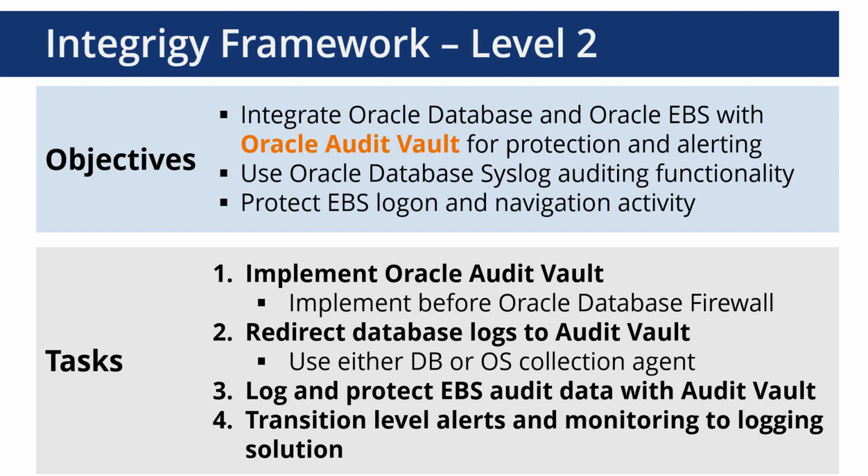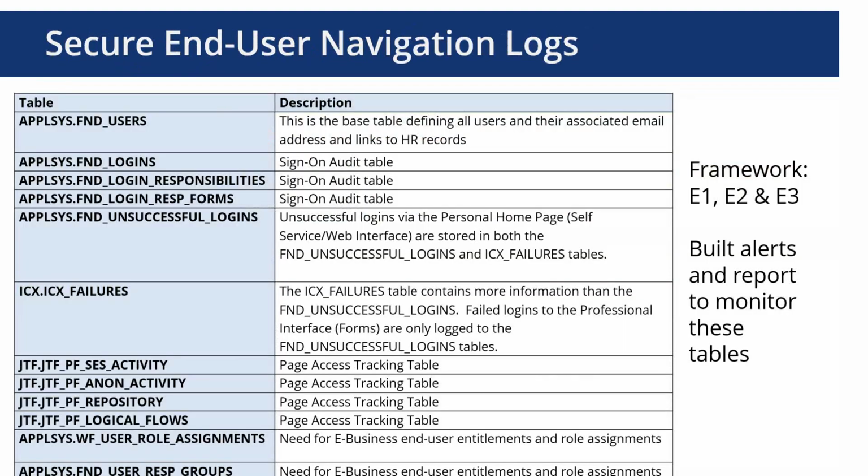If you don't have the Oracle Audit Vault, or if you have it and haven't implemented, here's where you would start. We're going to take a further step forward here with level 2. Think about auditing, and what I've done with this slide is think about building alerts and reports for these specific Oracle e-Business Suite navigation logs.